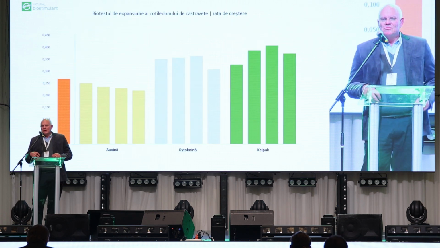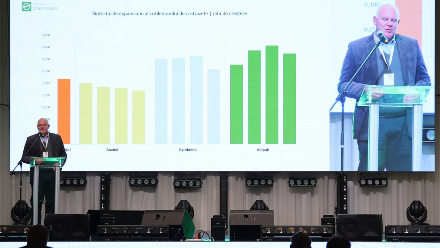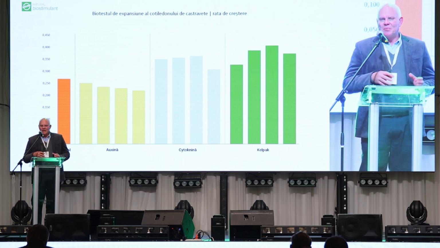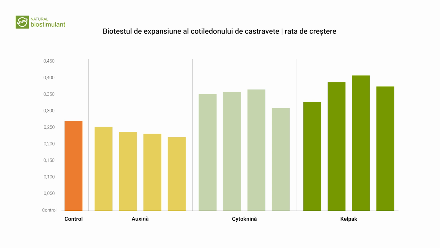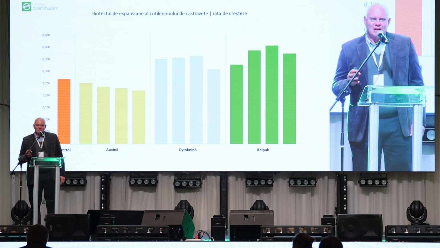So in this whole process, we had a bioassay that showed us that we have auxin-like activity. We also got access to a bioassay that shows cytokinin-like activity. And also in this bioassay, it showed that our product Kelpak had this kind of activity, even though it was found that there are no significant cytokinins in the product.